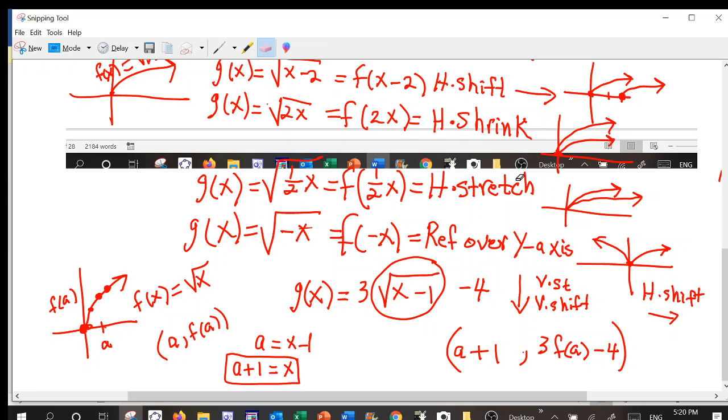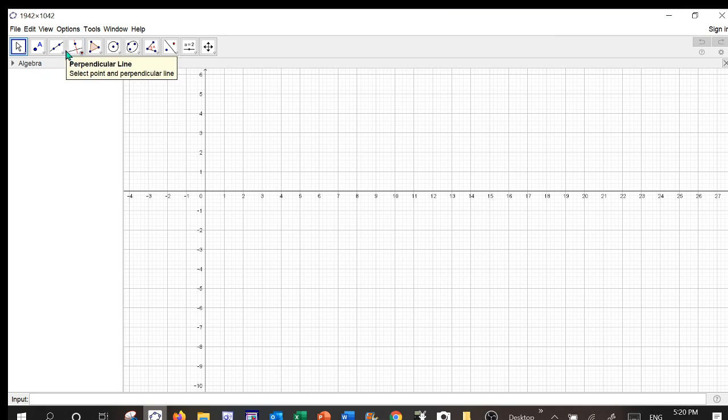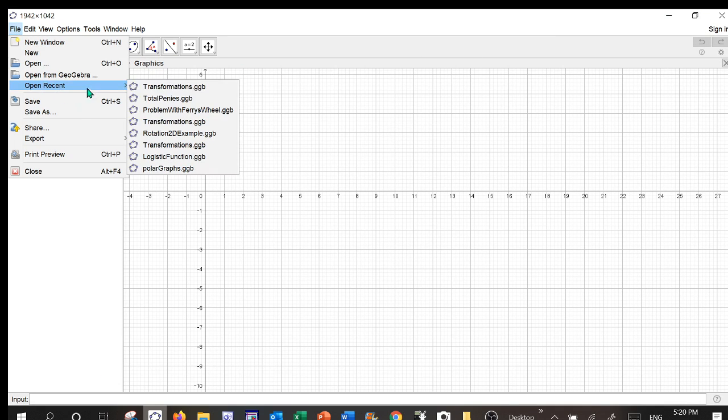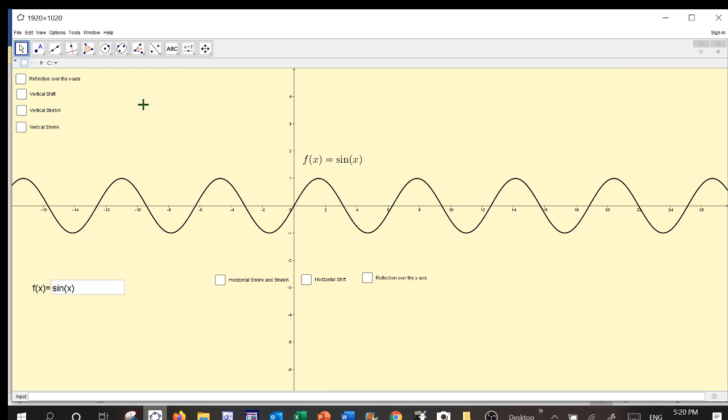So that's the idea. Now, to understand it a little bit better, I'm going to open up a program to show you the animation of these transformations quickly. So here is the program. And you see, here is a function in algebra.